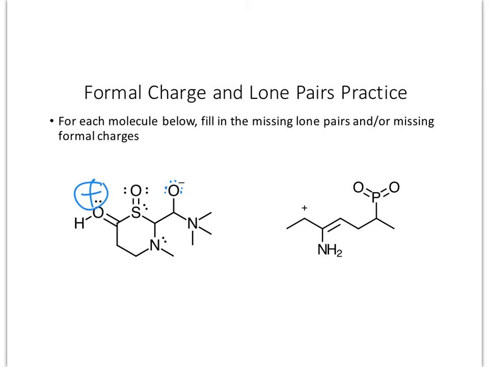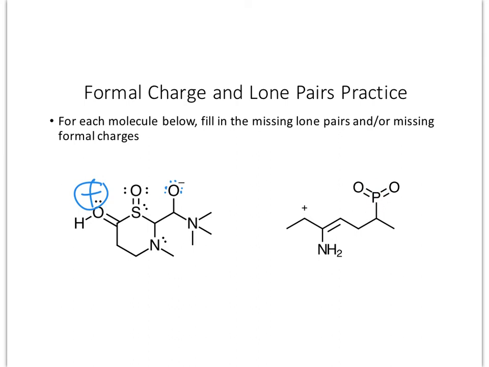So what you should do is, on your own, take some time and figure out what the formal charge of that oxygen is, this sulfur, this nitrogen, and that nitrogen, and then figure out how many, if any, lone pairs need to be on that carbocation, how many lone pairs need to be on that nitrogen, what the number of lone pairs would be for this oxygen and that oxygen as well, and then go ahead and figure out what the formal charge there might be for that phosphorus.